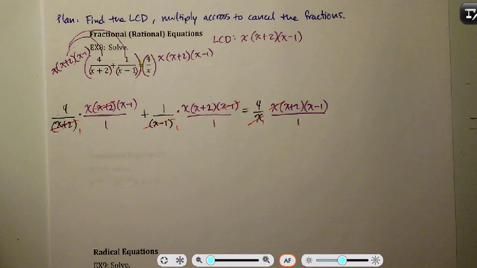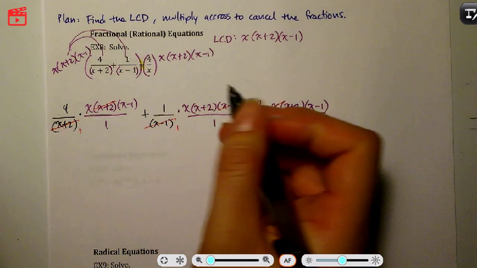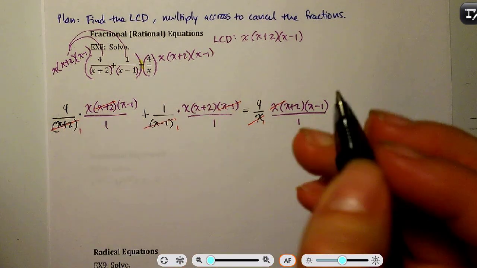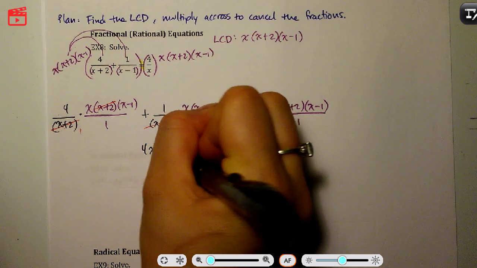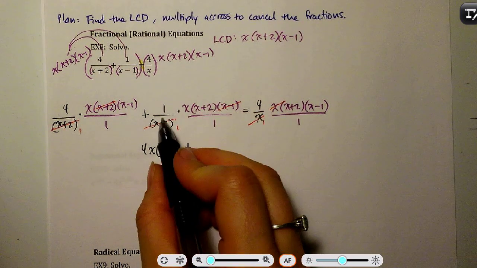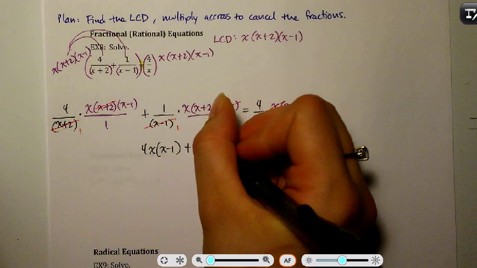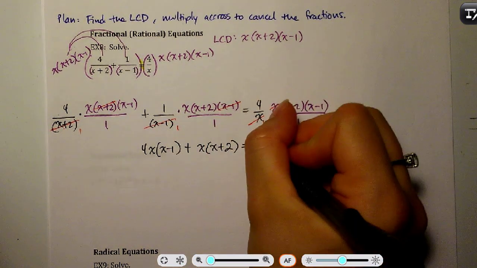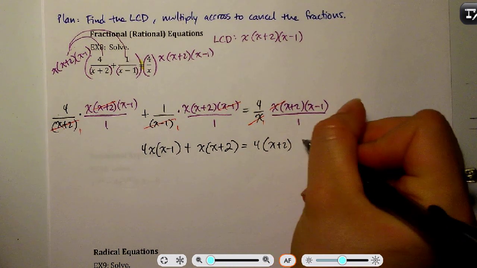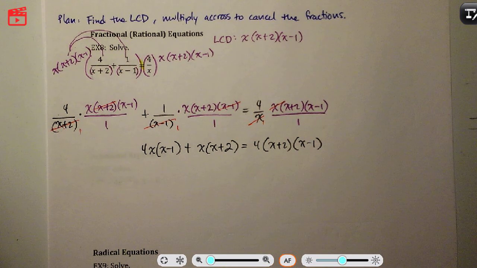Our fractions are gone. So let's rewrite this. What is left over? 4 times x minus 1 plus 1 times x plus 2 equals 4 times x plus 2 times x minus 1. And the fractions are gone. Awesome.